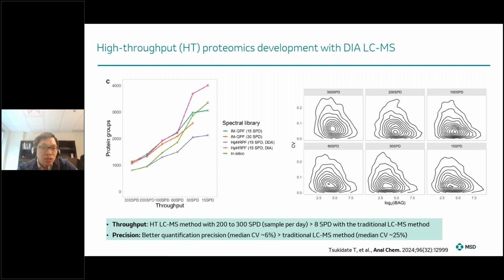We are able to achieve a median CV of about 6% compared to a traditional LC-MS workflow set up in the lab, which is about 25%, among different throughput methods. Of course, once the peptides have high abundances, we tend to see low CVs as expected.